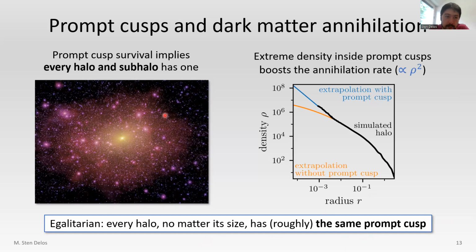What that means is that if we're thinking of a galaxy scale halo, we don't really care about what's happening in its own prompt cusp, which, by the way, might be significantly disrupted by baryons, for example. But what really matters are the prompt cusps of all of its subhalos.